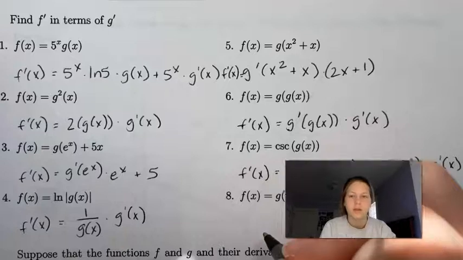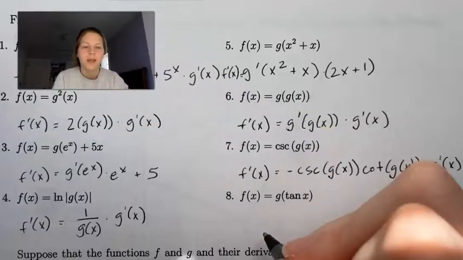And here I just wanted to point out that, as you can see, the derivative of cosecant x is negative cosecant x cotangent x, and then we put g of x in place of the x, and then we multiply times the g prime of x in the end.